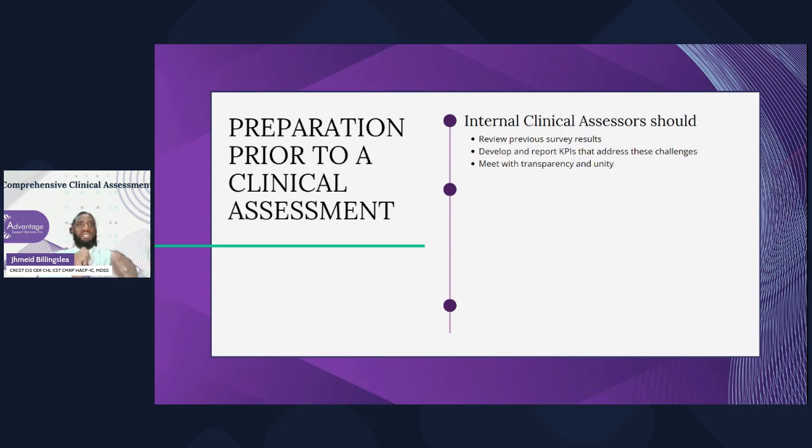So that's key, to review previous survey results. Develop and report KPIs that address these challenges directly, right? Meet with transparency and unity. So it shouldn't be a finger pointing or embarrassing meeting as we prepare to do our clinical assessment from the internal perspective.